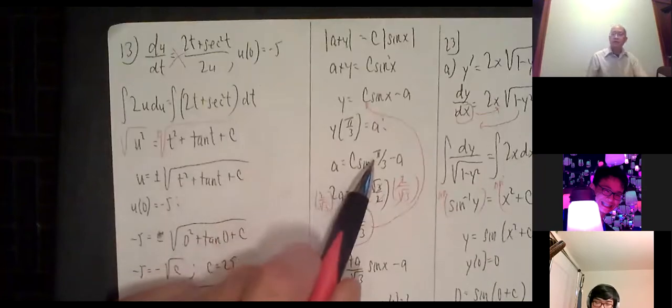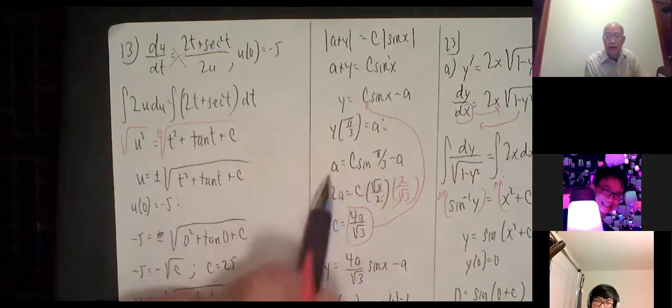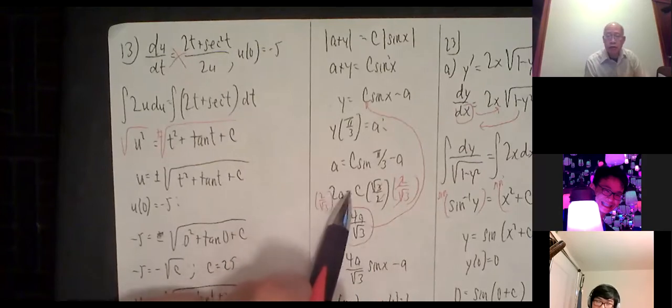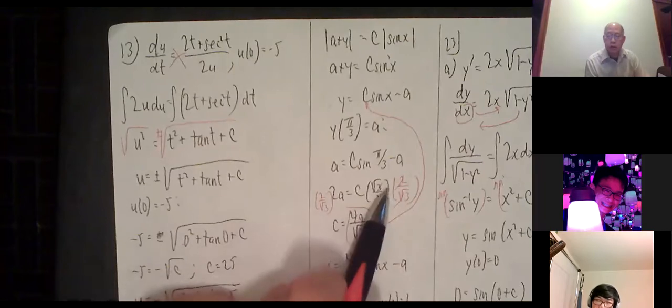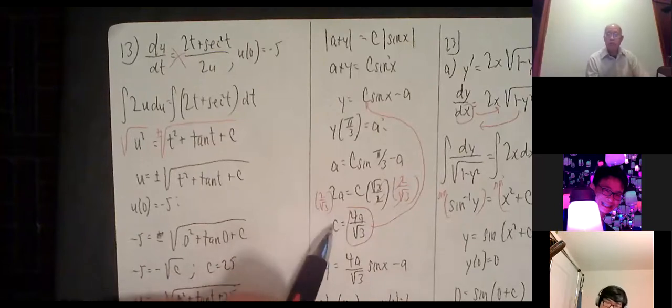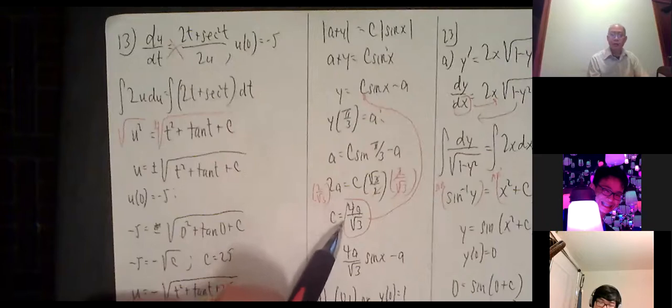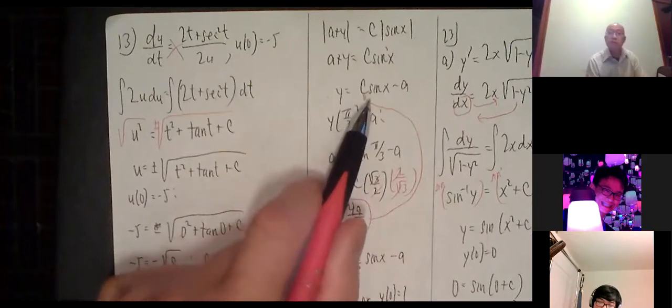Sine of pi over 3, sine of 60 degrees, radical 3 over 2. Add a to both sides. 2a equals c radical 3 over 2. Multiply by the reciprocal of radical 3 over 2, 2 over radical 3, 2 over radical 3. So c is 4a over radical 3. That weird number. Okay, and that gets plugged right back over here, and then you're done.